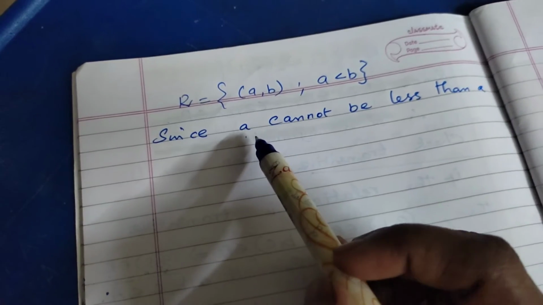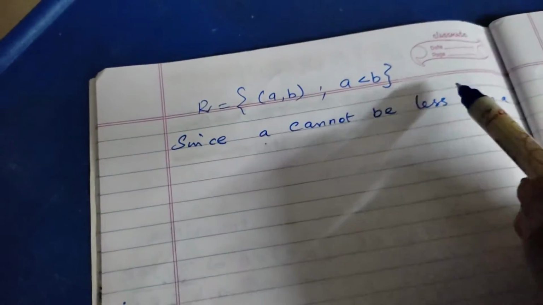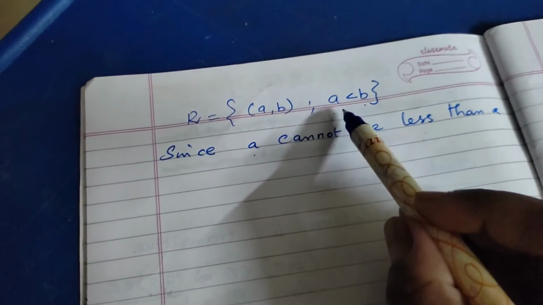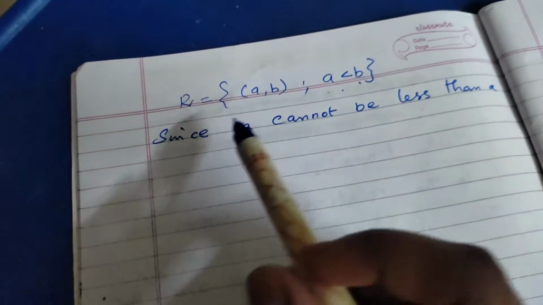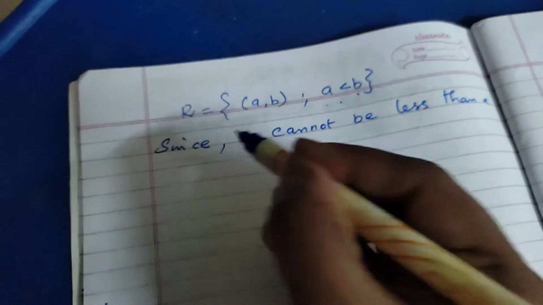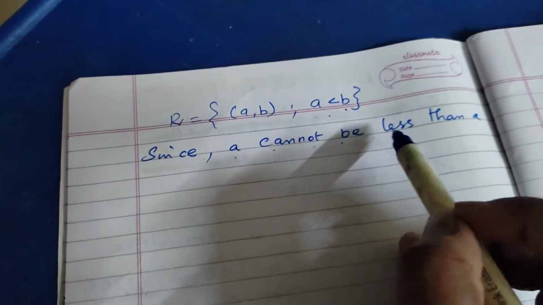The condition here is a < b, so we cannot say that a < a.